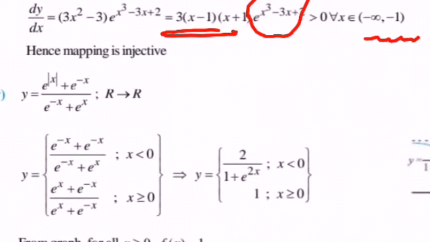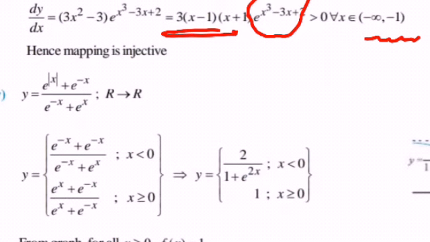Now the fourth question was e to power mod x minus e to power minus mod x, upon e to power minus x plus e to power x. As mod x is there, two different cases arise, x negative and x positive. Mod x is defined as minus x for negative x, and plus x for positive x.